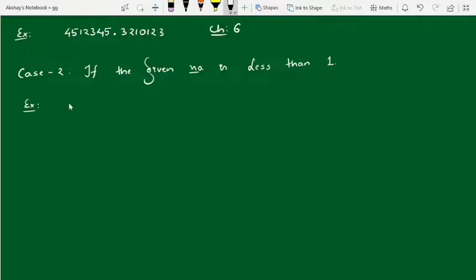Listen. Let me consider 0.00321 as the given number. How to write the characteristic? Let me tell you the steps first. Step number 1: identify the decimal point.